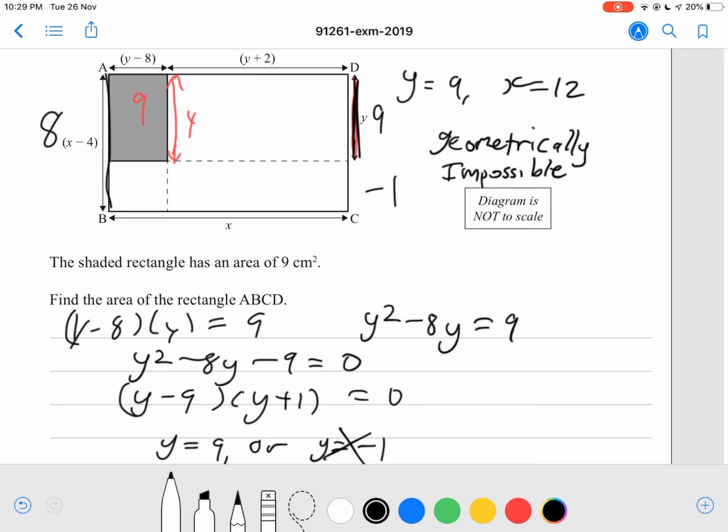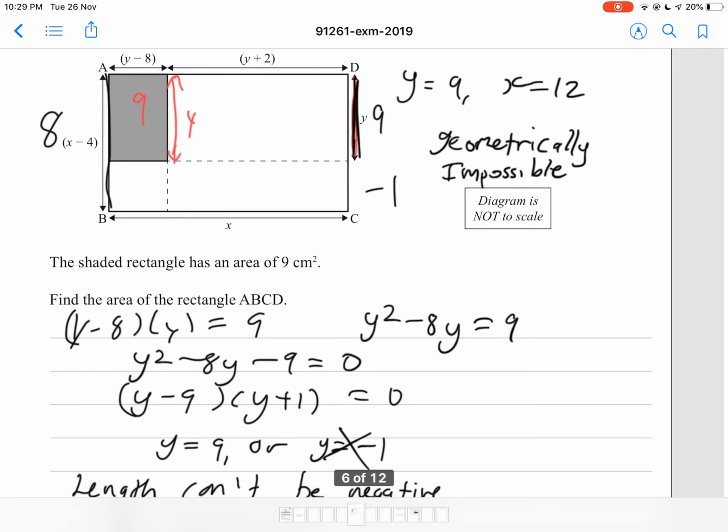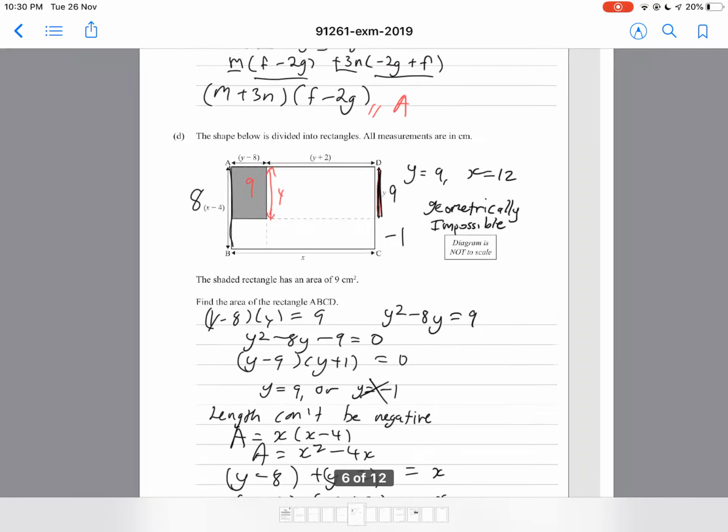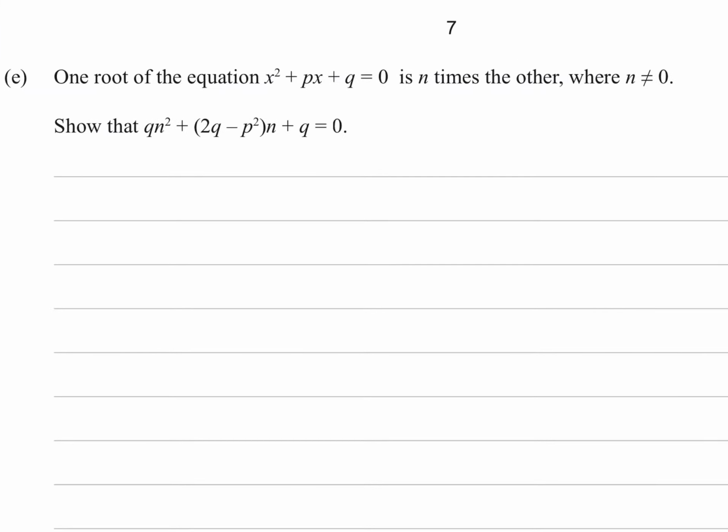So they might have thought their answer was incorrect, and they might have gone back to recheck or even cross out their answer, which could have affected their final mark. So that's all I'm saying. Hopefully NCEA can be a bit more careful in the future so they don't make this type of mistake in the exam. Alright, so moving on.